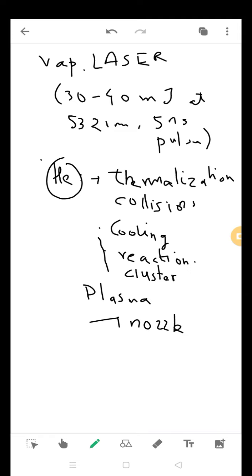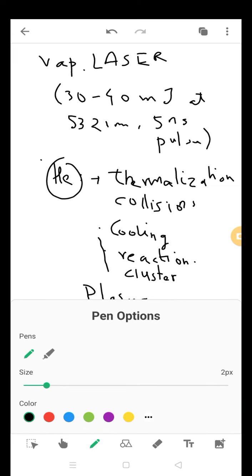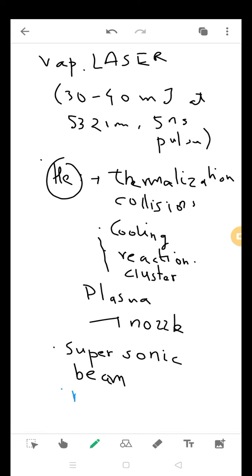This helium gas was also responsible for the supersonic beam that we talked about. And we had at the end a mass spectrometer for analysis.